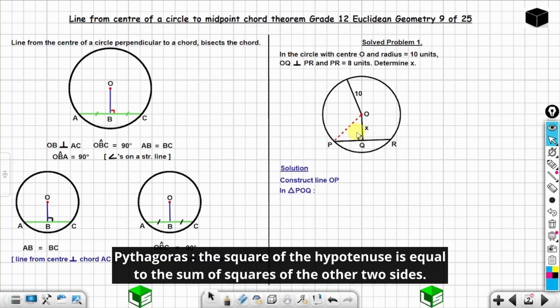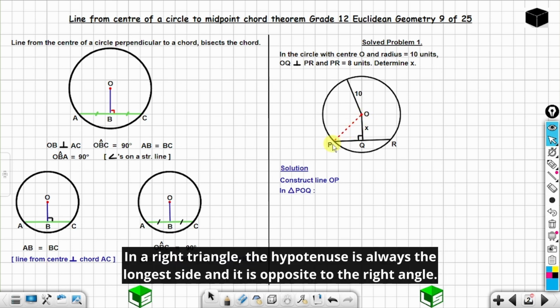Pythagoras says the square of the hypotenuse is equal to the sum of squares of the other two sides. OP is your hypotenuse. The hypotenuse is always opposite the right angle. It is the longest side.